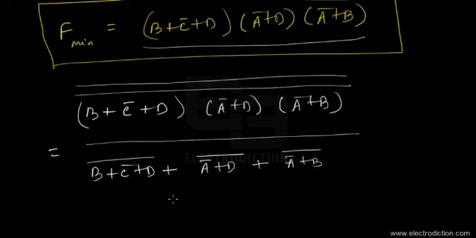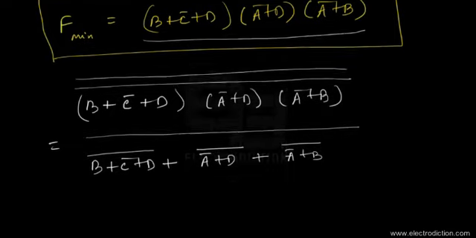Now you can see that NOR is just the complement of the ORing of the respective inputs. So you can see easily that we have the entire minimized expression mapped in the NOR logic.